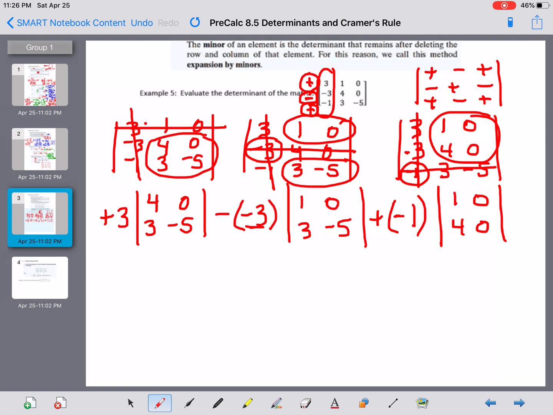So I'm going to leave this 3 out front, and for determinants here, I'm going to take my front diagonal of 4 times negative 5 and subtract my back diagonal of 0 times 3.